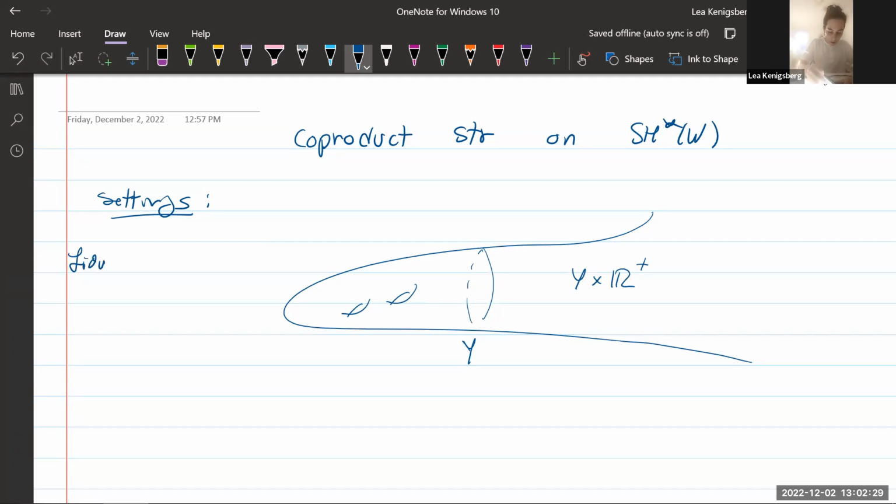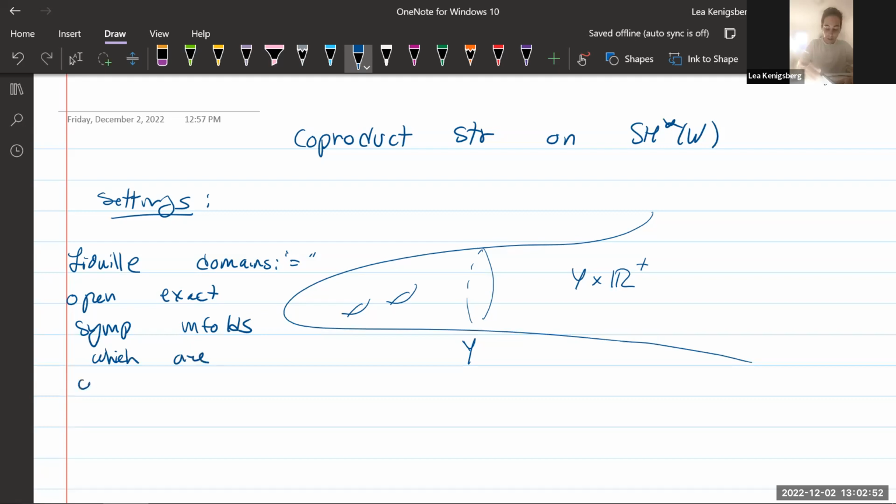So Liouville domains, and this is not an exact definition, but these are open exact symplectic manifolds which are cylindrical and convex at infinity.